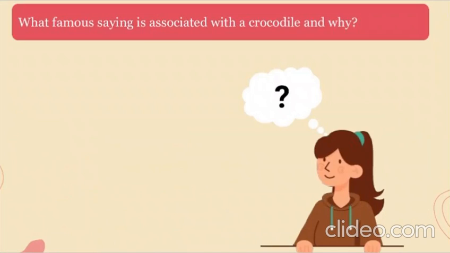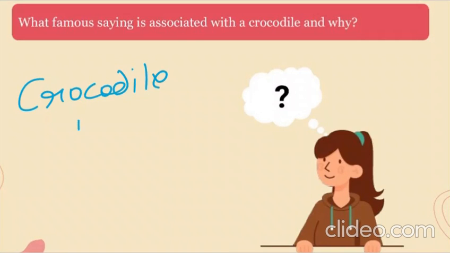What famous saying is associated with the crocodile and why? You might have heard a very famous saying that you are having crocodile tears. Correct? Crocodile tears means fake tears.